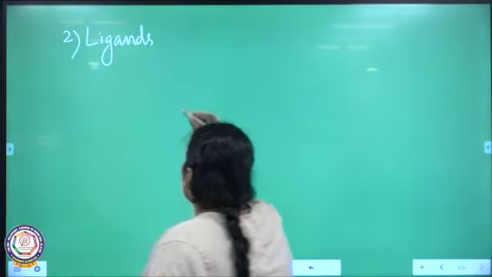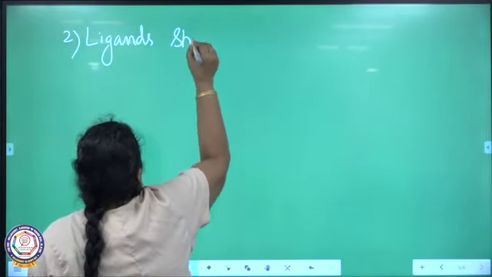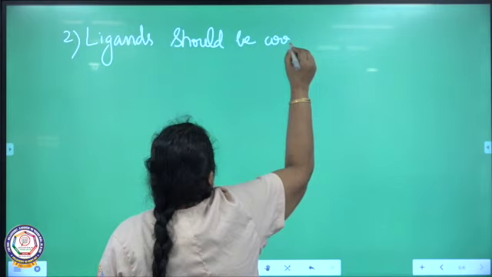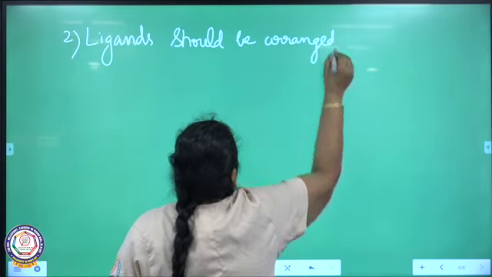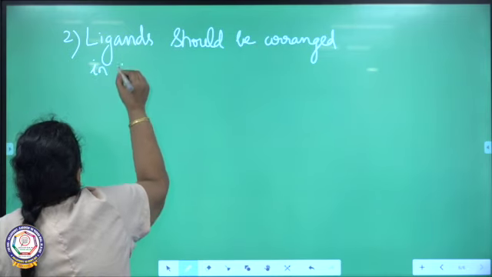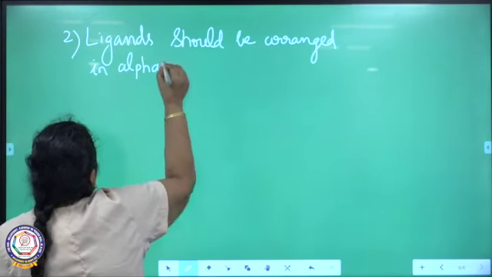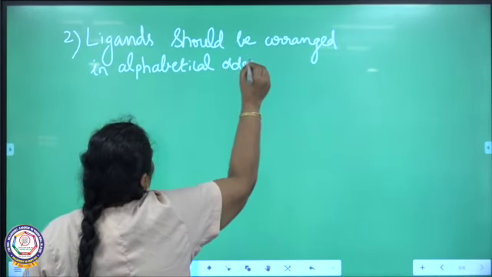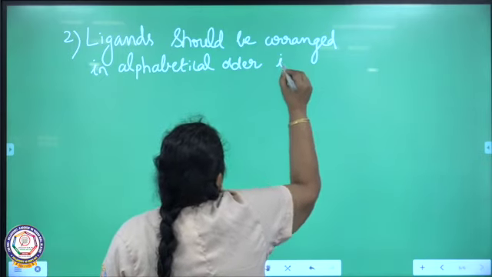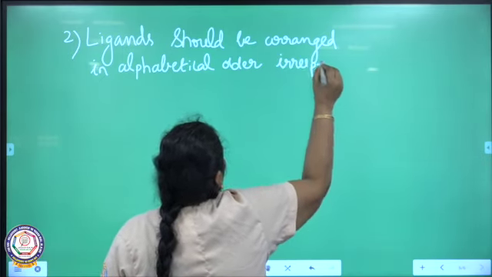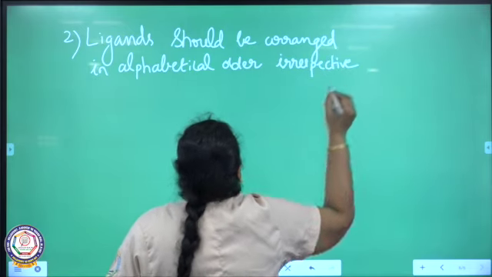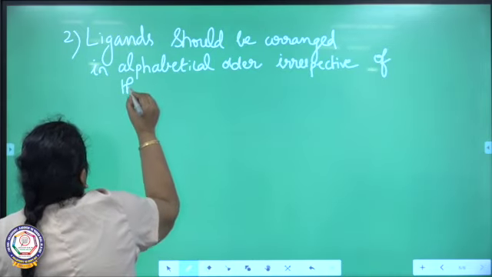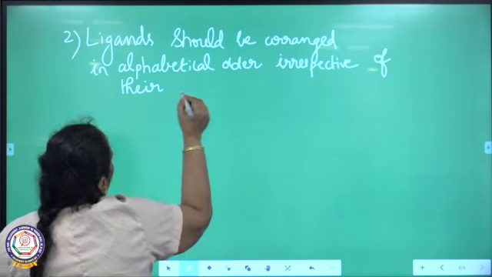Second rule, ligands should be arranged in alphabetical order irrespective of their charges.